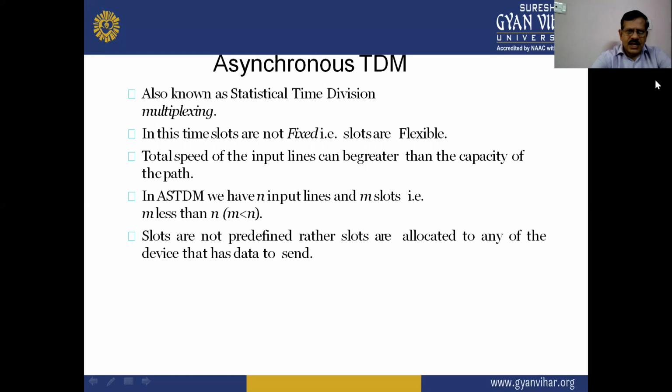In ASTDM, we have n input lines and m slots, where m is less than n. So slots are not predefined, rather slots are allocated to any of the devices that have data to send.